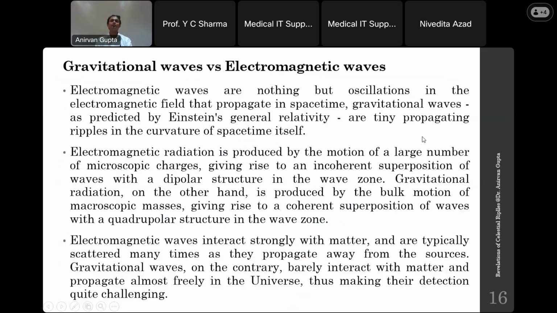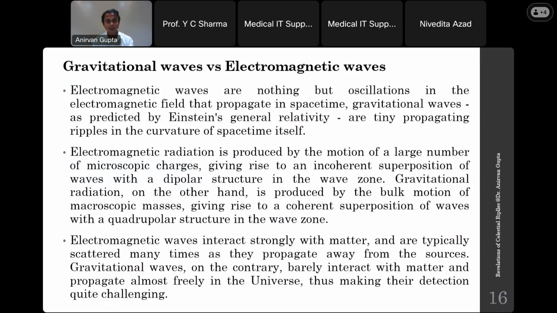So how do gravitational waves relate to electromagnetic waves, or rather, what is the difference between these two? This is a point to note. Although gravitational waves and electromagnetic waves share some similarities, they also differ strongly in their very nature and main characteristics.